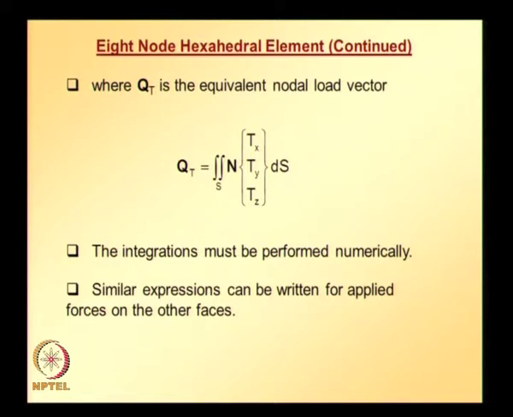So, we looked at how to get the element stiffness matrix for the 8 node hexahedral element, and also how to evaluate equivalent nodal force vectors. With this we can assemble the element stiffness matrix for each of the elements in the finite element discretization for that particular 3 dimensional elasticity problem, and we can also assemble the equivalent nodal load vectors for the particular loading.